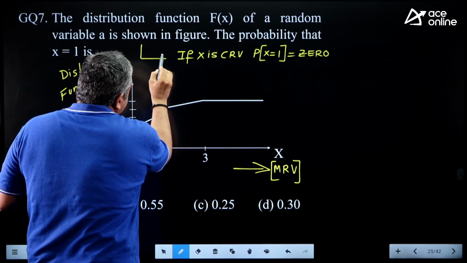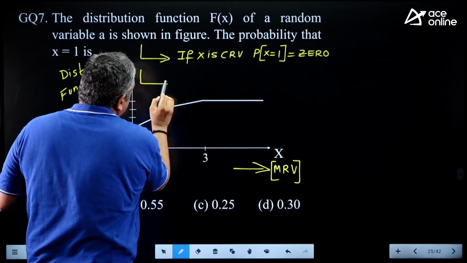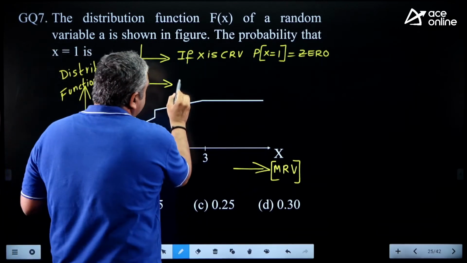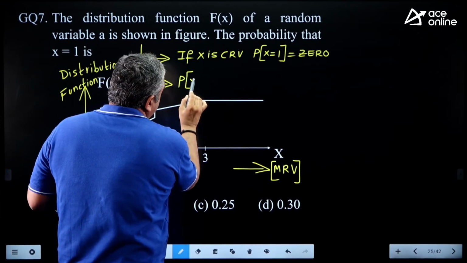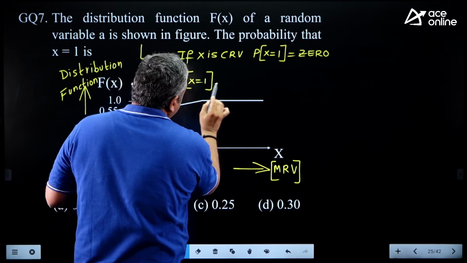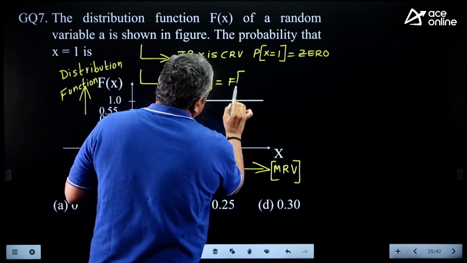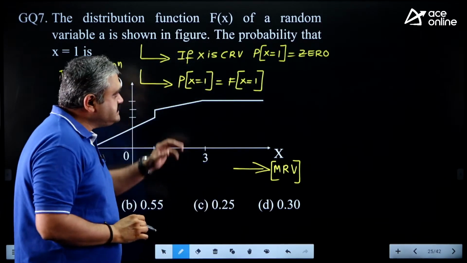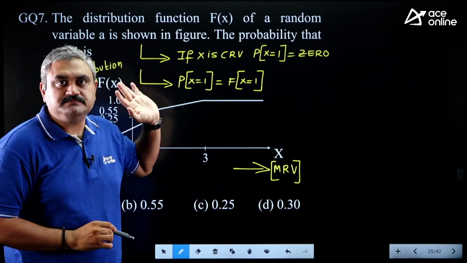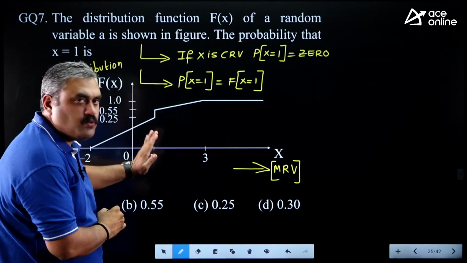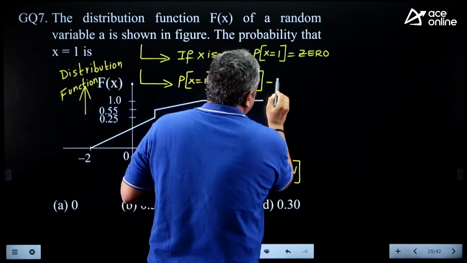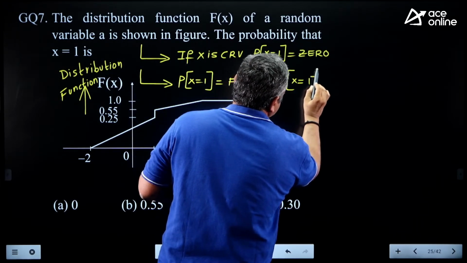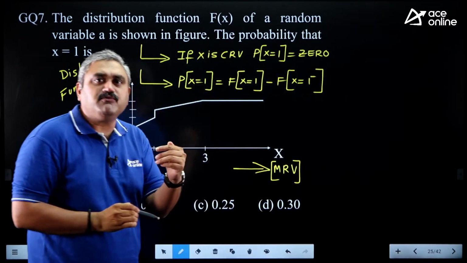But now the case is not that. The case is that your random variable is mixed. So how will we write? Formula remains the same. Probability of the event x equal to 1 is the value of the distribution function at x equal to 1, which includes all the probabilities from minus infinity to 1, minus the value of the distribution function at x equal to 1 minus, means just before 1.